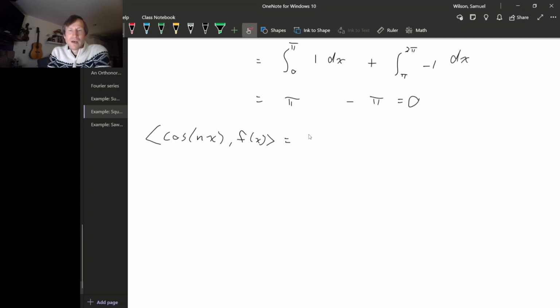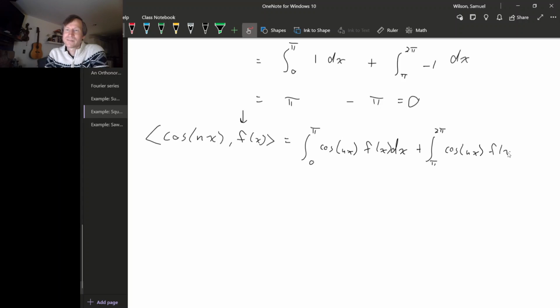As with all other cases for this square wave, we need to break the integral up at pi. So let's do that right away. Integral from 0 to pi of cosine nx times f of x dx plus integral from pi to 2 pi of cosine nx times f of x.